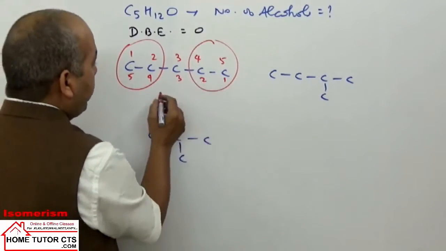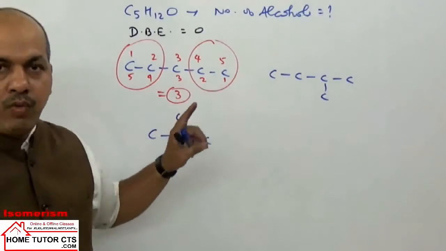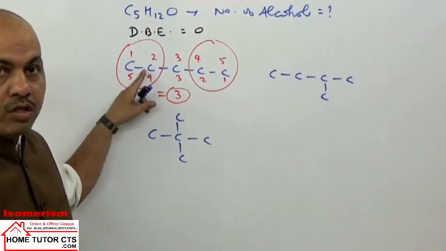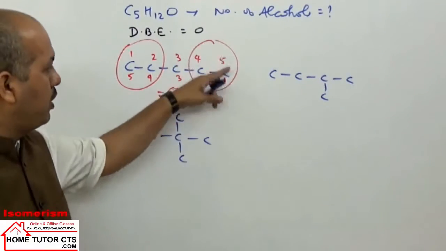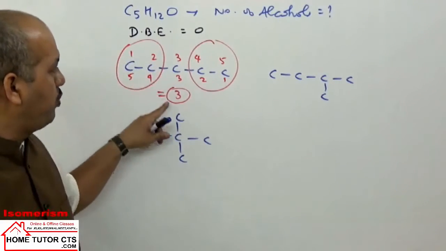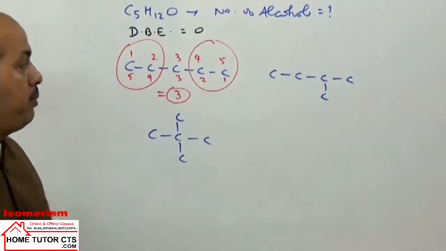So in this case we can have 3 alcohols possible: pentan-1-ol, pentan-2-ol, pentan-3-ol. We don't have pentan-4-ol because the lowest number to consider is the same as pentan-2-ol. It is the same on either side. So we have 3 alcohols possible in the straight carbon chain without any branch.